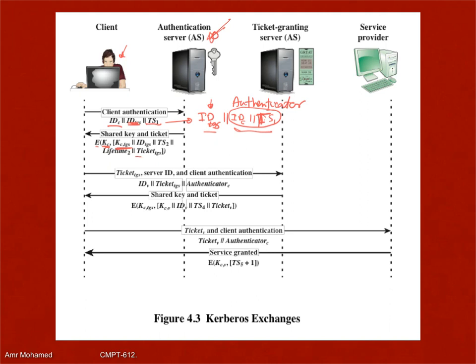And a ticket. You will see the format of this ticket in the next slide. This ticket is a grant from the authentication server to the client to be able to access the TGS for a duration of time. This duration of time is identified by the lifetime.